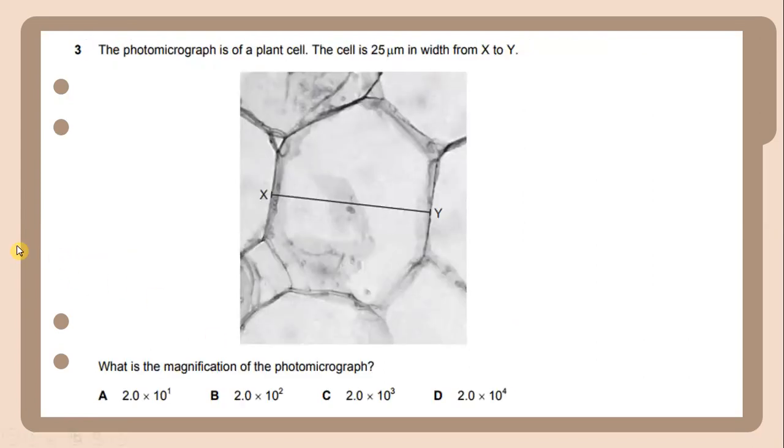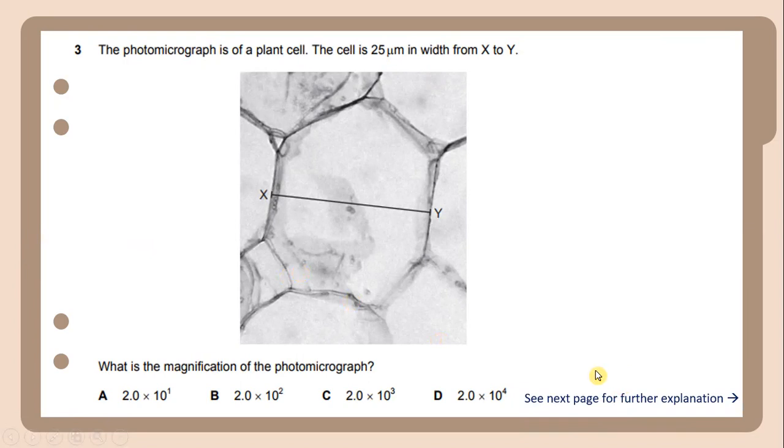Number 3, the photomicrograph is of a plant cell. The cell is 25 micrometres in width from X to Y. What is the magnification of the photomicrograph?